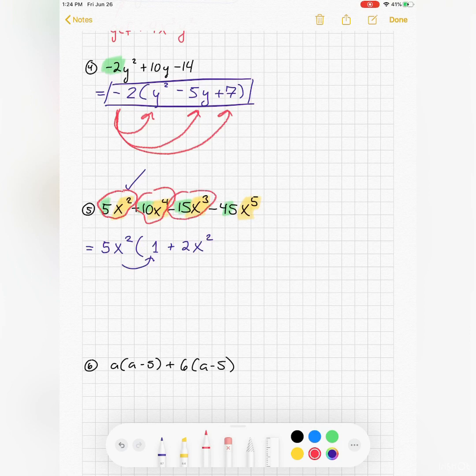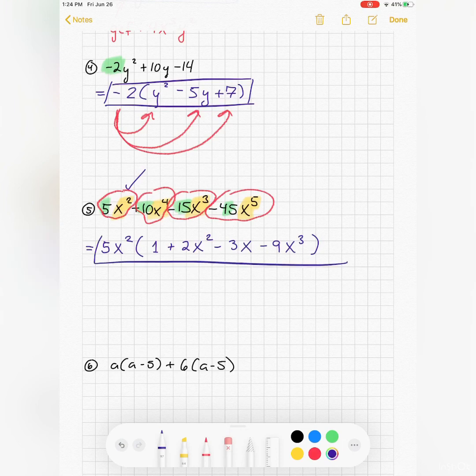What about the third term? It's a negative. 15 divided by 5 is 3, and I'll be left with an x. 45 divided by 5 is 9, and I pulled out an x squared, so I'll be left with an x cubed. So there's my answer.